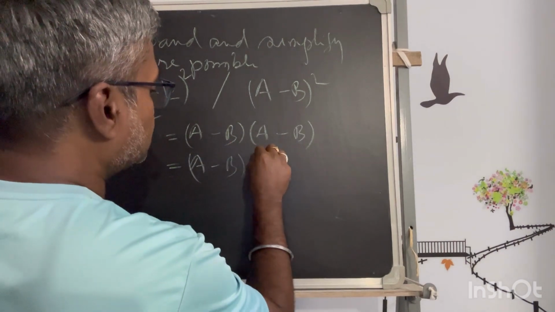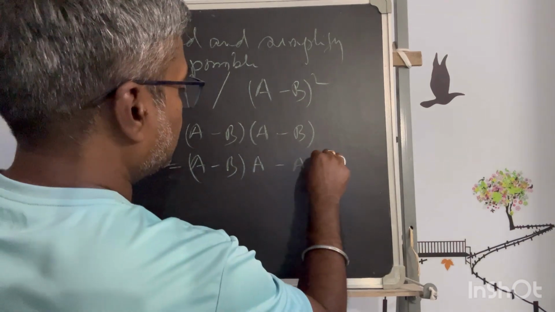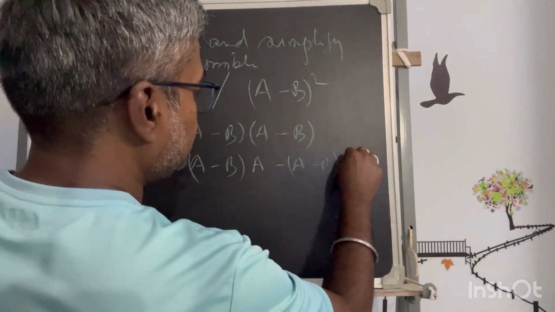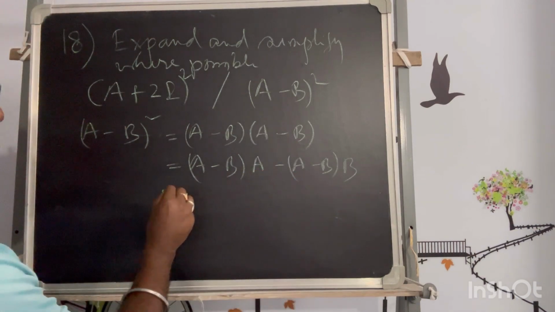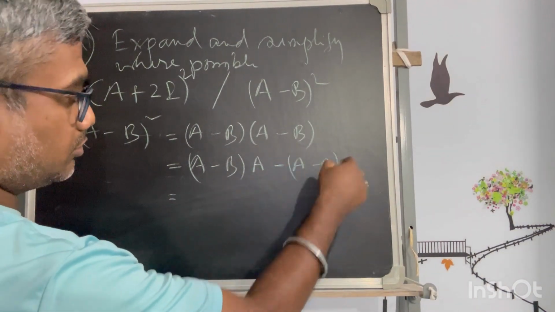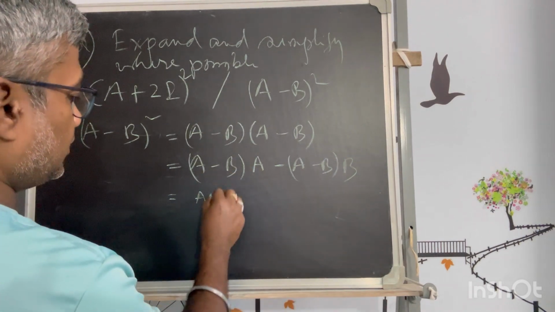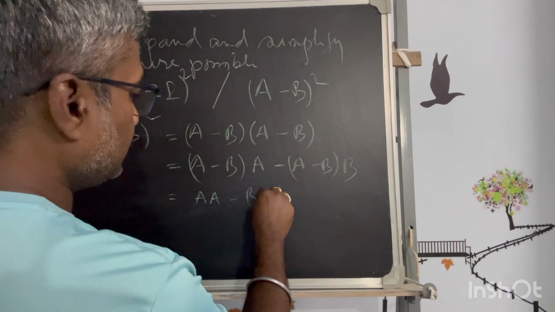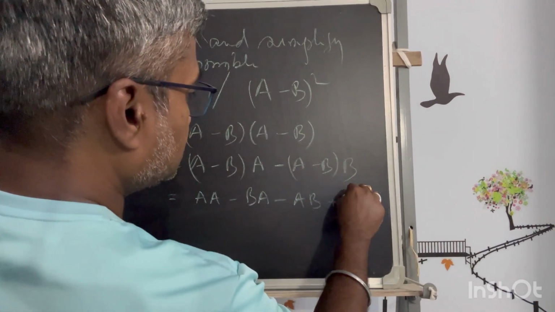So you can keep it in the same order without changing the orientation. The minus 1 scalar will come prior to the whole multiplication. So this is a into a minus b into a minus a into b plus b square.